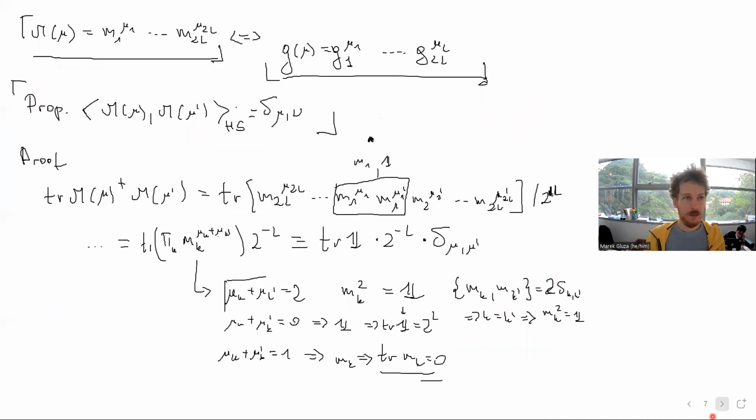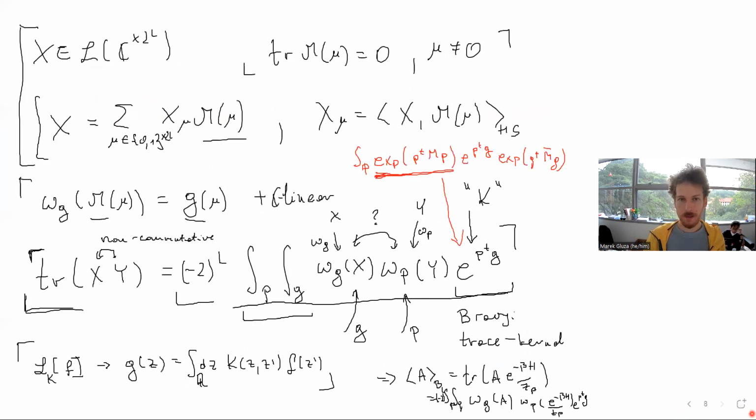And once we had the tracelessness, we kind of understood that the Majorana words, as opposed to Grassmann words, are orthonormal operators. And once I had orthonormal operators, I had an orthonormal basis. I get an expansion of any operators in those Majorana words. And here we arrive in the Bravyi dictionary. So that's the important bit.